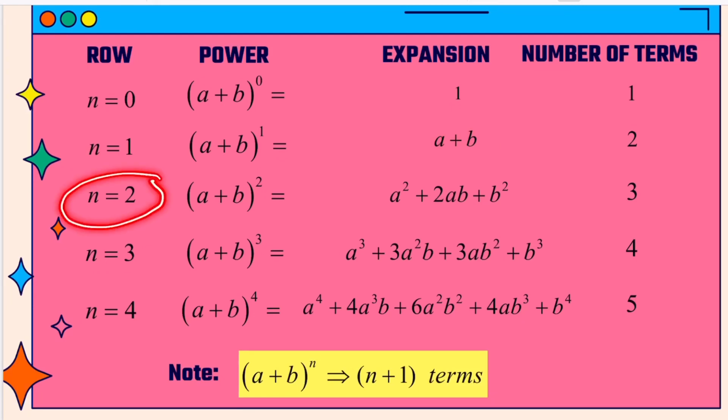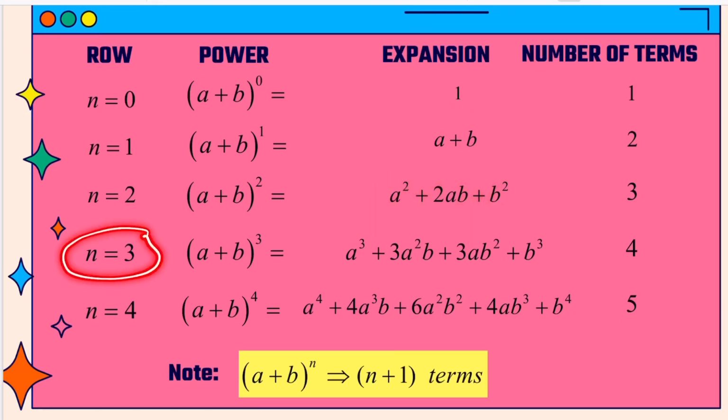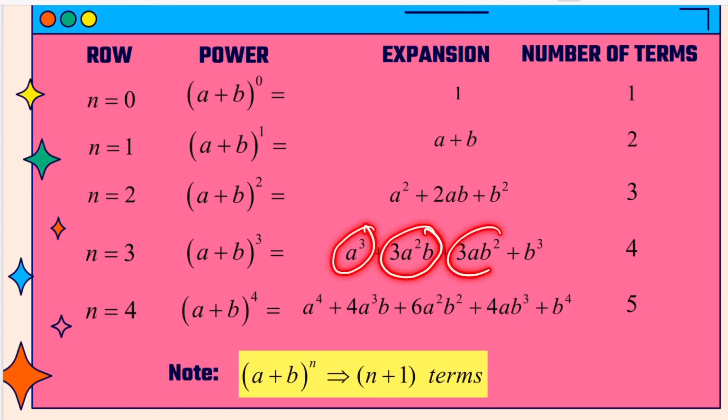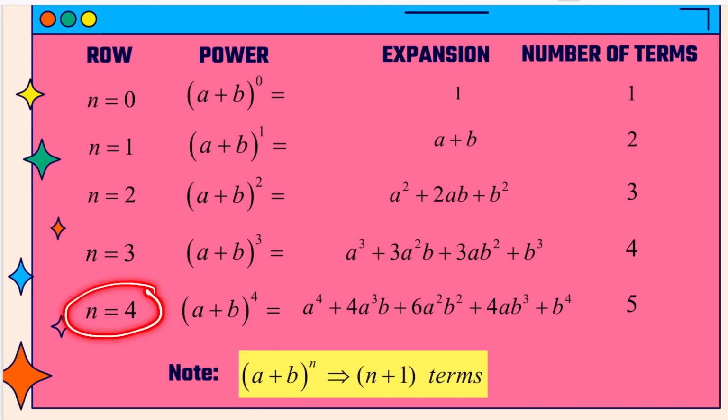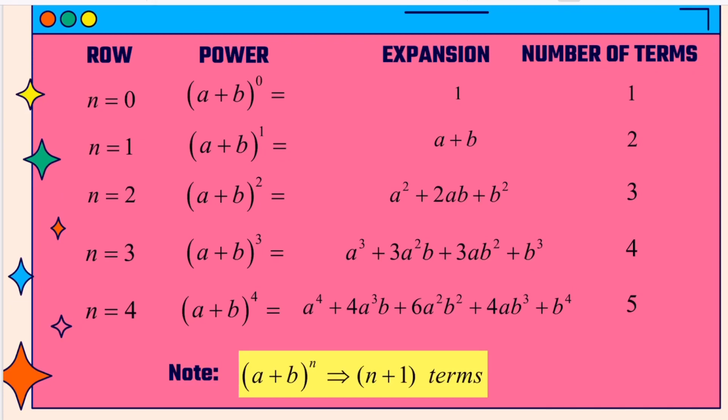When n equals 2, three terms. When n equals 3, four terms. When n equals 4, five terms. In general, if you expand a plus b to the power of n, then the result will contain n plus 1 terms.